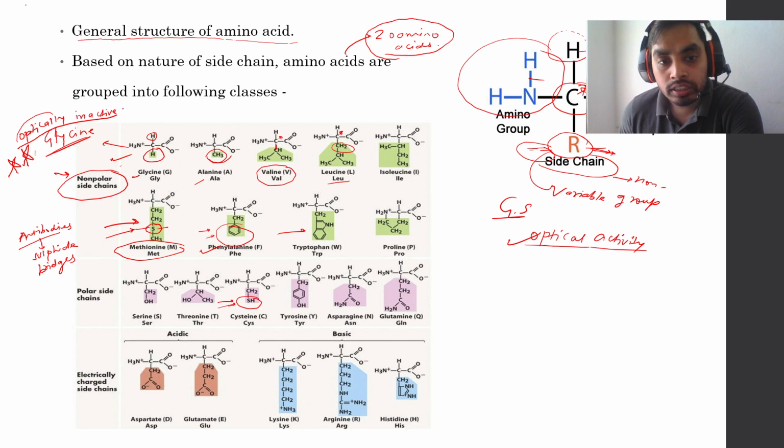Next one is tryptophan. This one is also important because tryptophan is the heaviest and most complex, because it has this large aromatic group, and this one is also aromatic. So it will show aromaticity, and this property helps in quantitative assay in protein estimation.